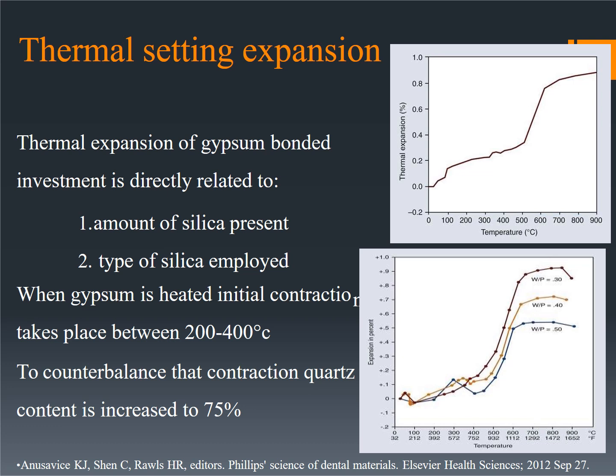Thermal expansion. Thermal expansion of gypsum-bonded investments is directly related to the amount of silica present and the type of silica employed. When gypsum is heated, initial contraction takes place between 200 to 400 degrees Celsius. To counterbalance that contraction, the silica content is increased to 75%.